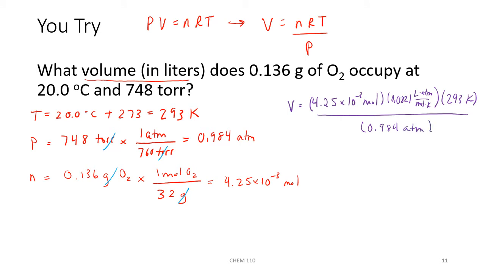Checking to make sure that all of our units cancel. Moles cancels, atmospheres cancels, Kelvin cancels, and we're left with, in the numerator, liters, which is what we want our volume to be in. So our volume in liters should come out to be 0.104 liters.